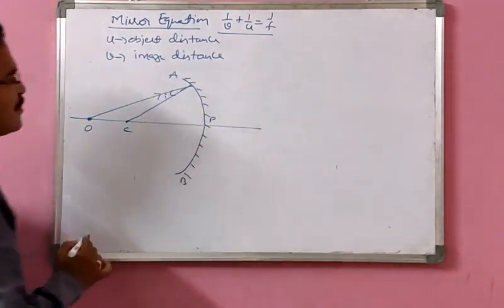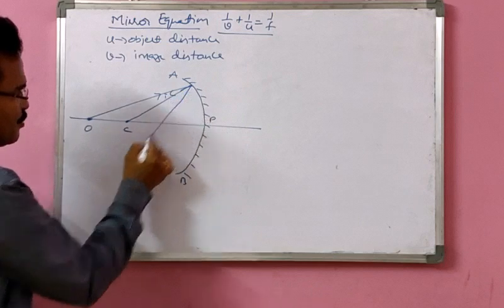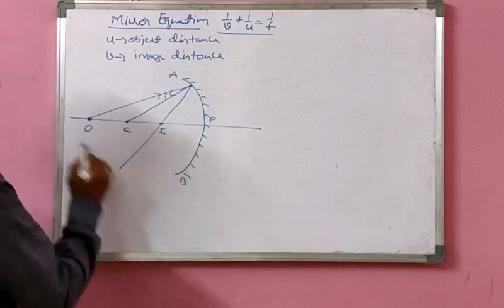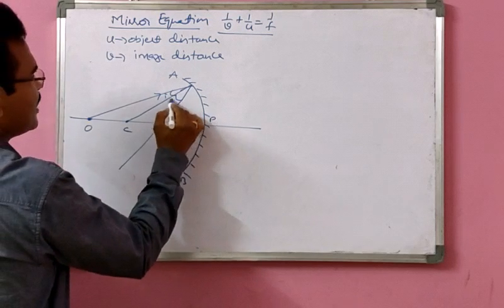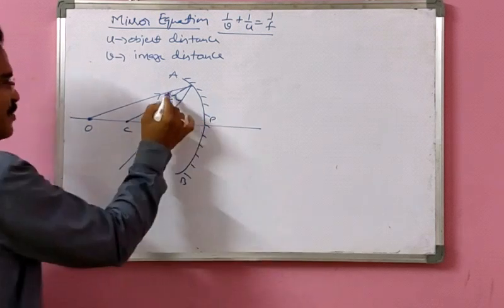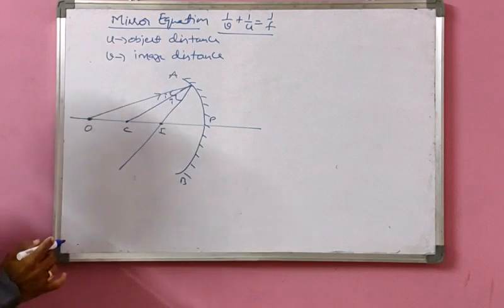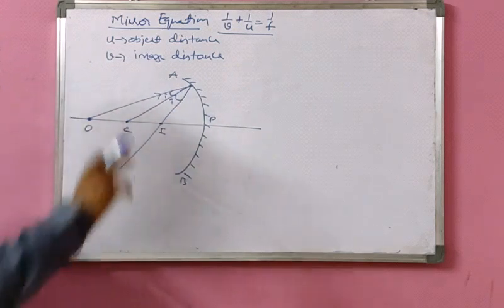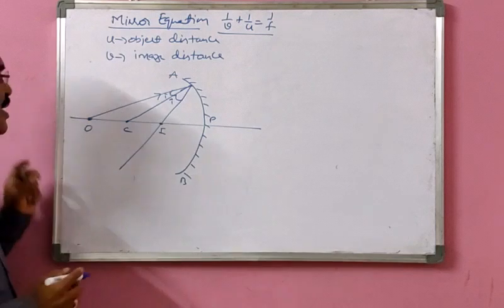This is i, and after reflection it goes here. Here the image will be formed. This is also i, because angle of incidence equals angle of reflection. Always the line drawn from C will be normal to the spherical mirror.